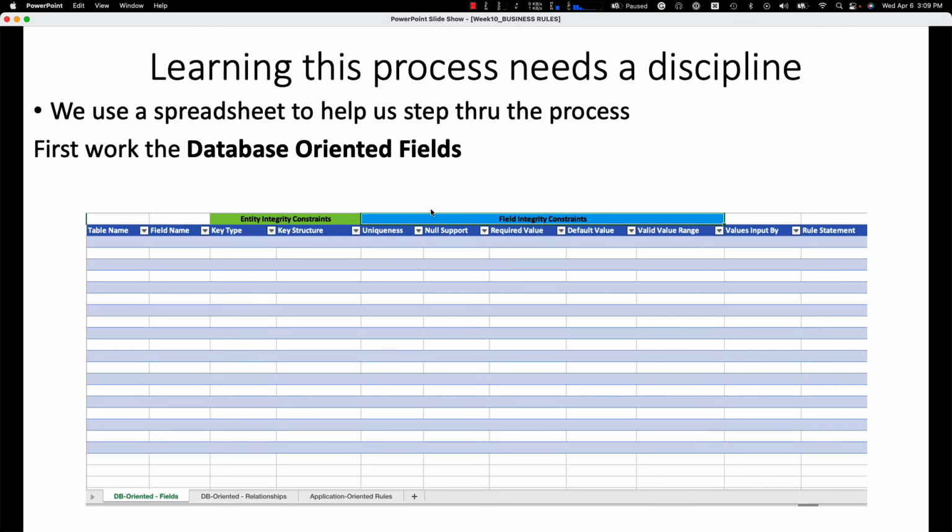Is there a default value for this field? If you're having people enter their addresses and most of them are in Kentucky, it's helpful to not have them have to type KY every time. Is there a valid range? You want to have people enter the month they were born. You don't want to accept months below 1, and you don't want to accept months greater than 12.